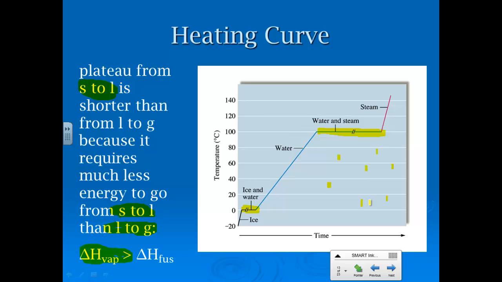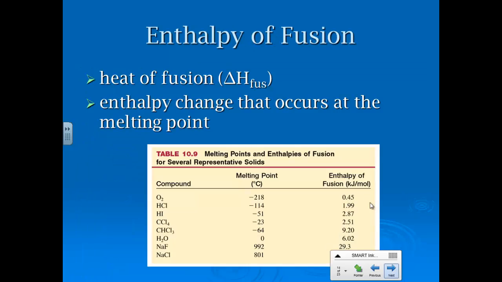So in general, the delta H of vaporization, the energy required to vaporize 1 mole of a substance at its boiling point, versus the delta H of fusion, the energy required to melt a substance, is always going to be a larger amount because there's a bigger jump between those states.